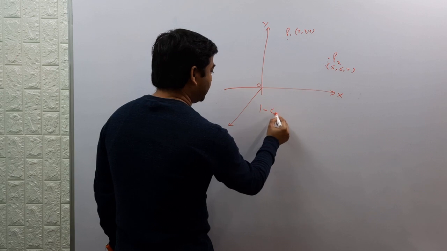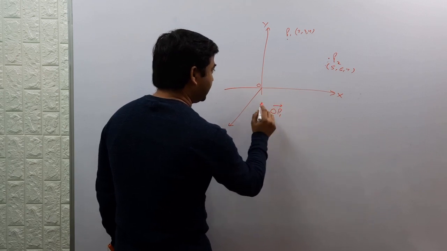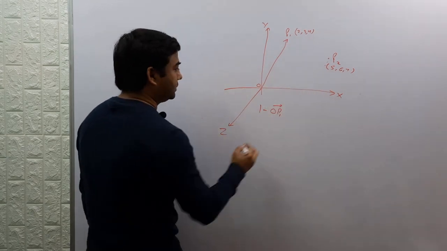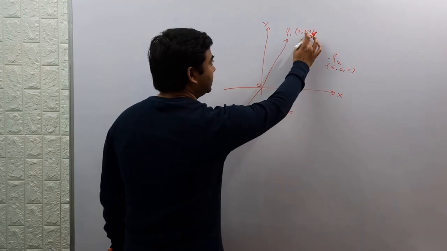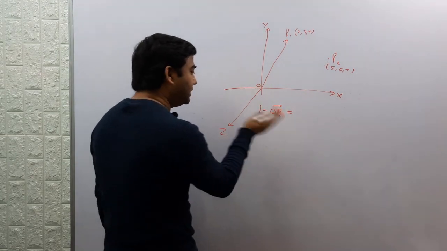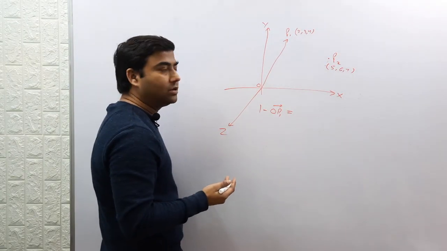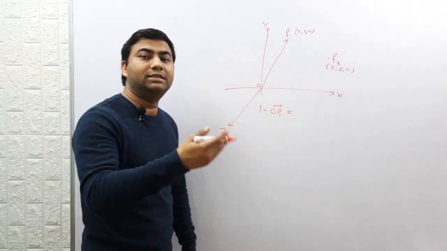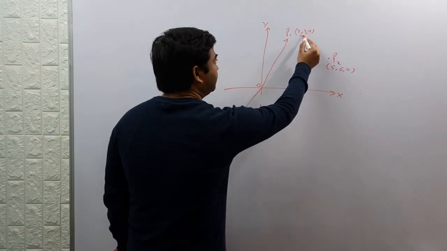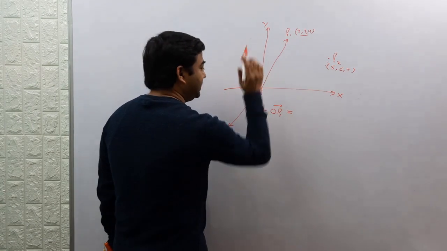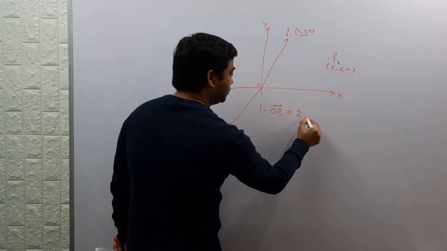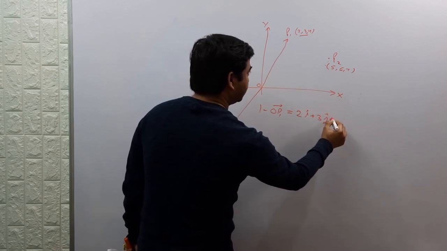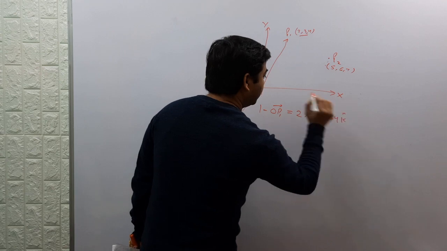First of all, the position vector of point P1 is OP1, and this vector will be 2, 3, 4. These are the coordinates. Earlier we discussed that for a general point x, y, z, the position vector is xi, yj and zk. So for this point, vector OP1 will be represented as 2i plus 3j plus 4k.